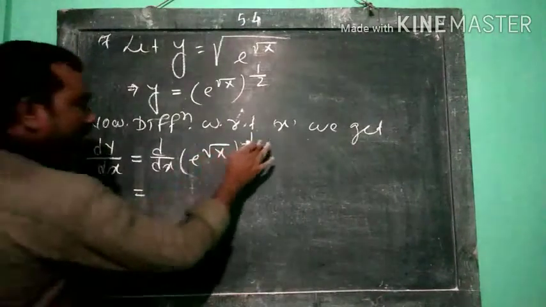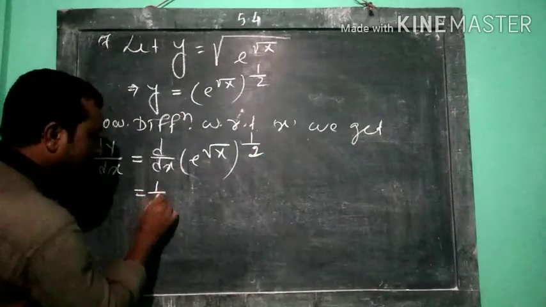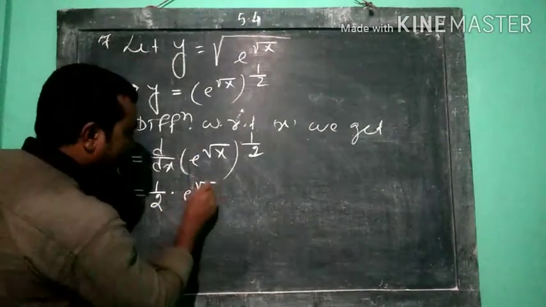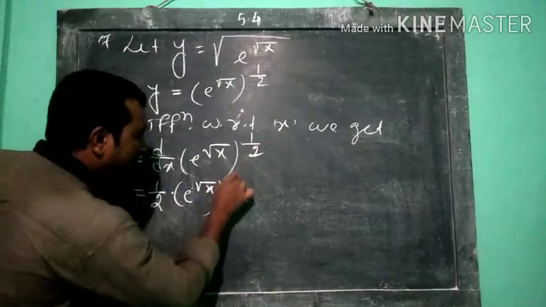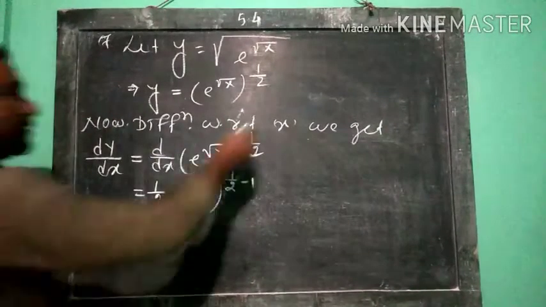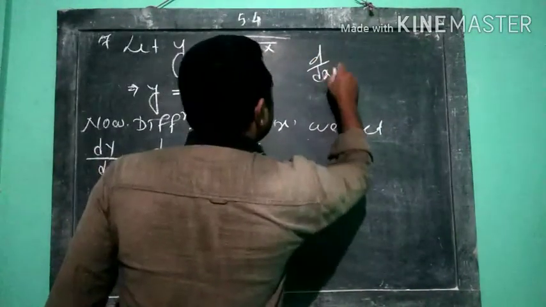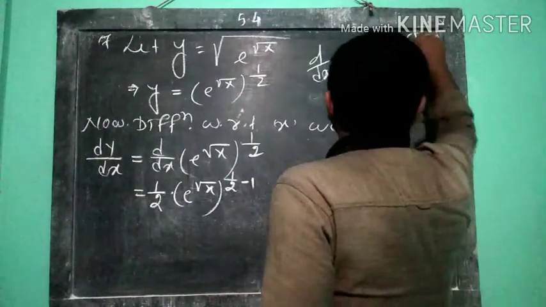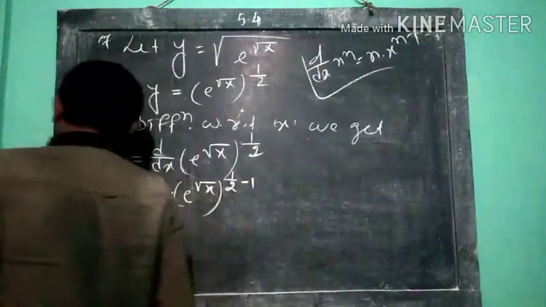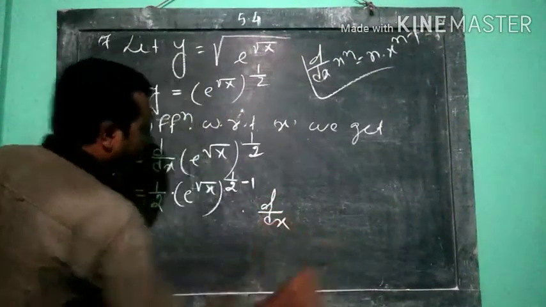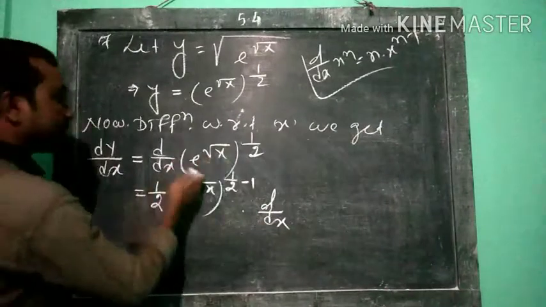So half comes out into this x, e to the power root x whole to the power 1 by 2 minus 1. This is the formula. We know d/dx of x to the power n equals n into x to the power n minus 1. Using this formula, into d/dx of what? d/dx of this.